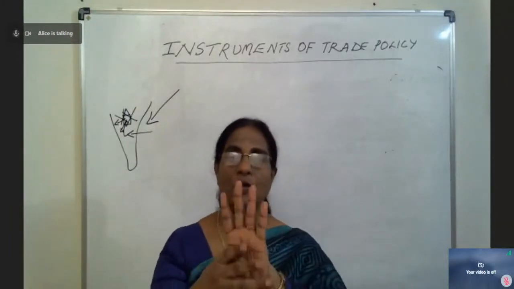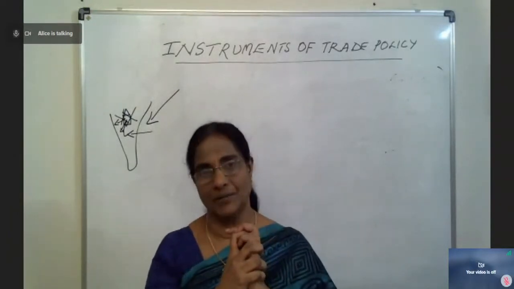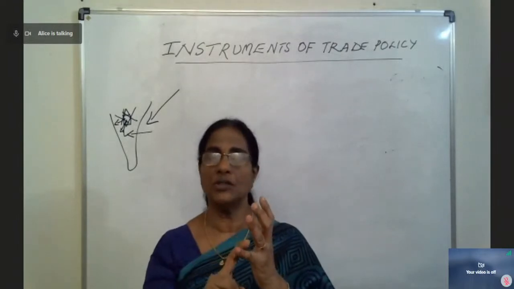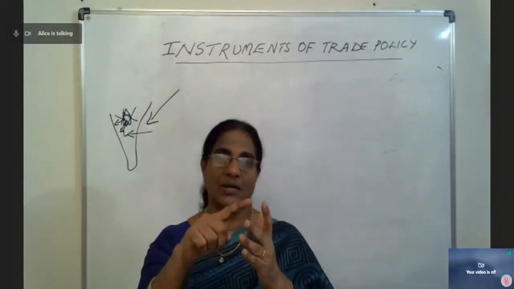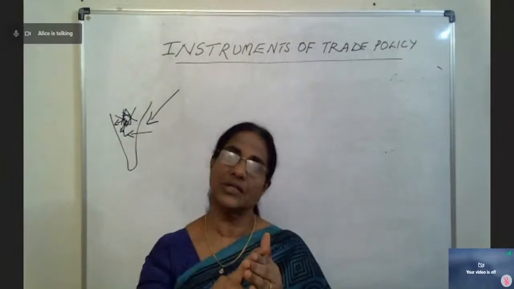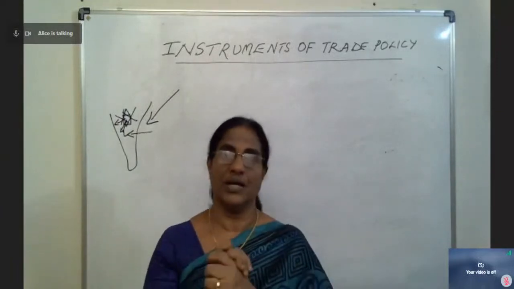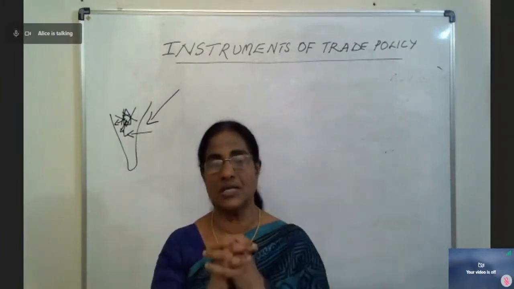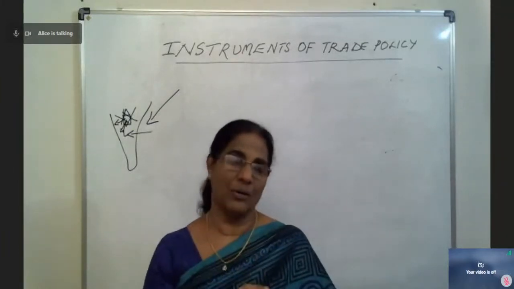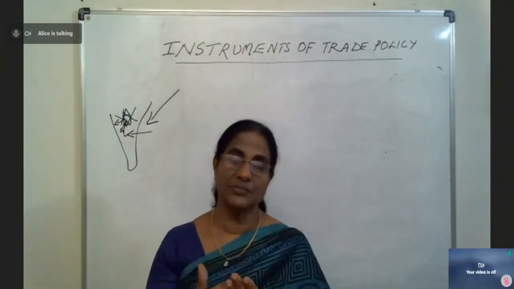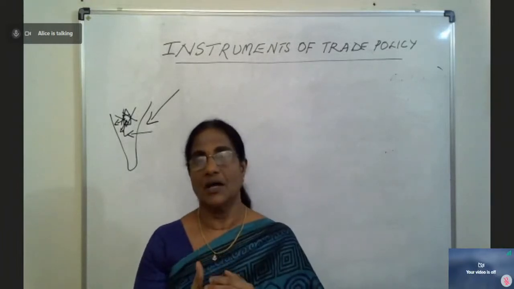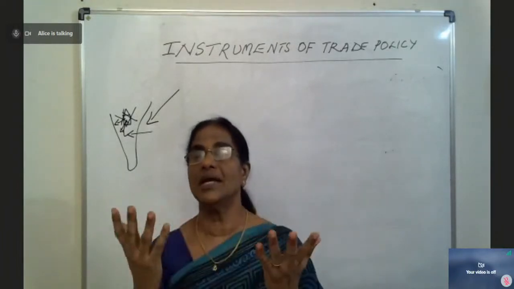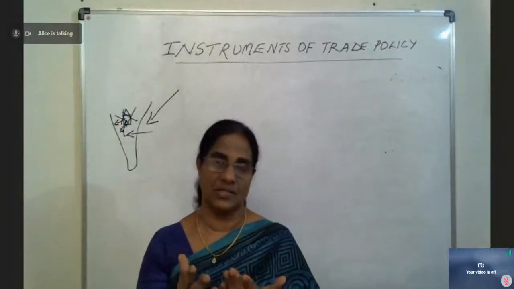So there are 4 possible permutations for it. Promote export, promote import. Restrict export, restrict import. Okay, then that is one part of what is trade policy. The second part of the trade policy is, there are so many international agreements.